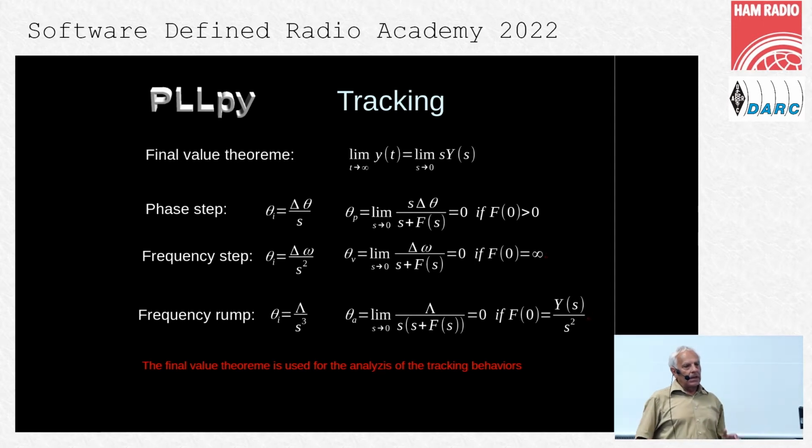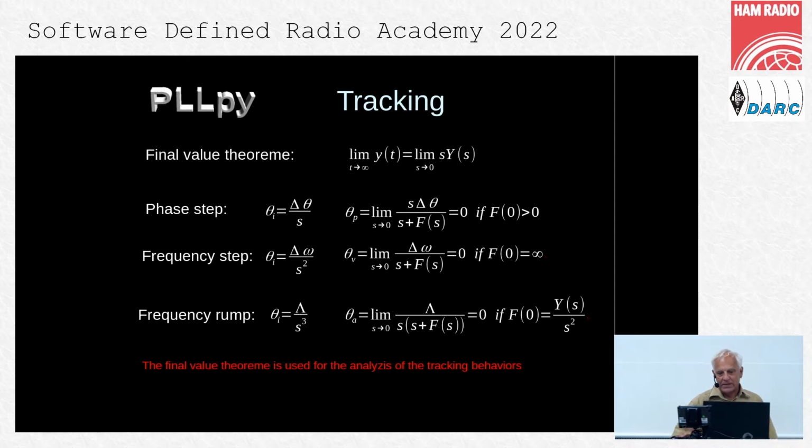There is another major thing with PLLs: how they track input phase changes. You could analyze it using the final value theorem of the Laplace transformation or the Z transformation, but it's a little bit complicated.